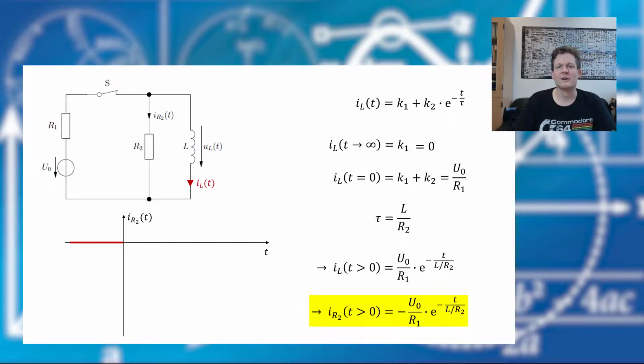Therefore, the current in the resistor jumped from 0 to the maximum value of the current in the inductor. After that, it decreased, described by this exponential function, and we can use our time constant tau to indicate the slope in the beginning, and then we draw an exponential function. It looks like this.